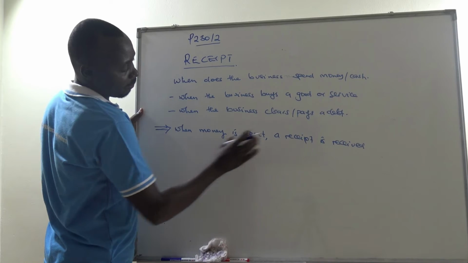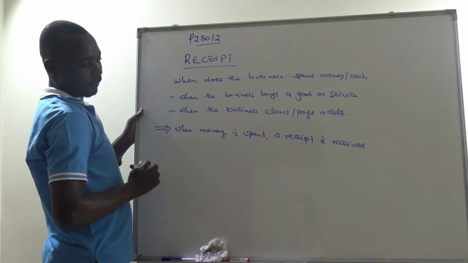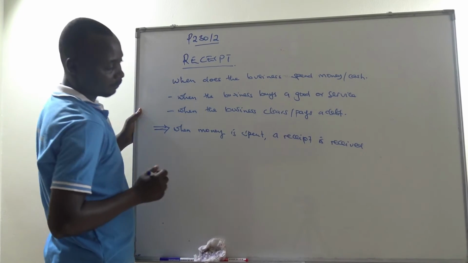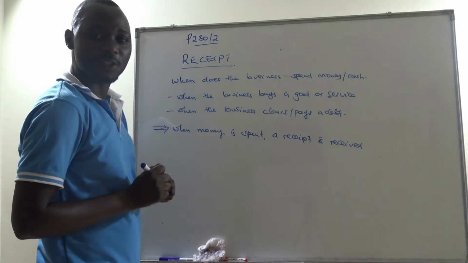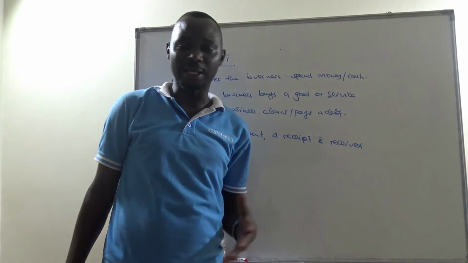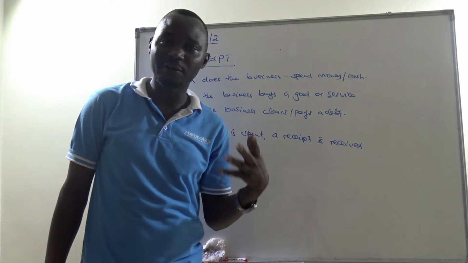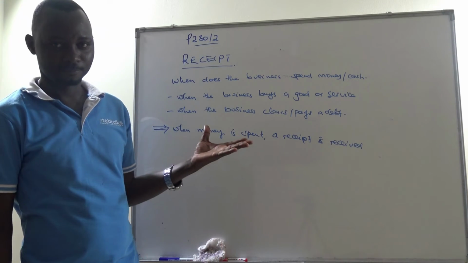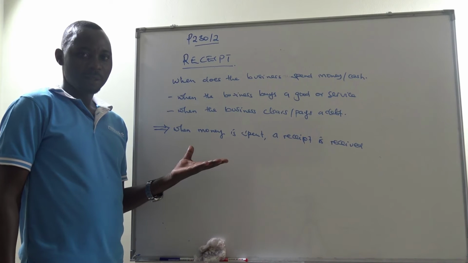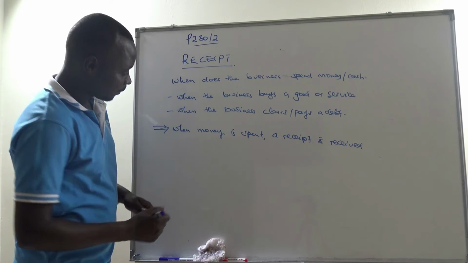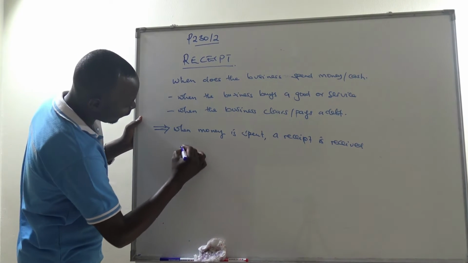When you spend the money, you have paid the money. You receive a receipt from the supplier acknowledging that your money has been received. Now, we have got now two parties involved.